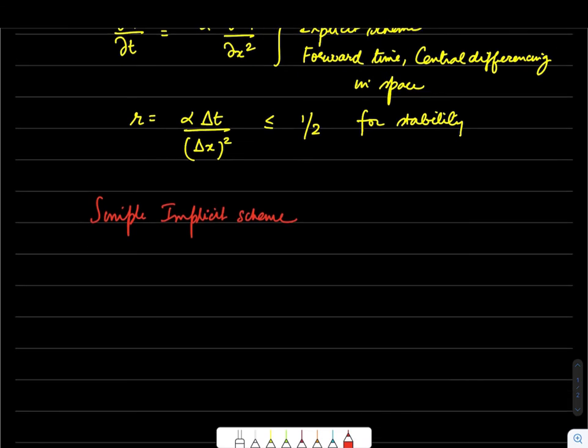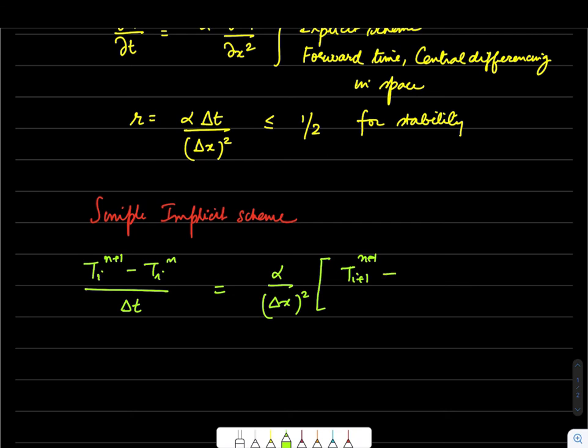The implicit scheme would give us (Ti at n plus 1 minus Ti at n) by delta t equal to alpha by delta x square into (Ti plus 1 at n plus 1 minus 2 Ti at n plus 1 plus Ti minus 1 at n plus 1).